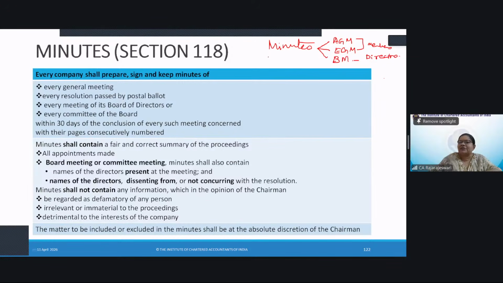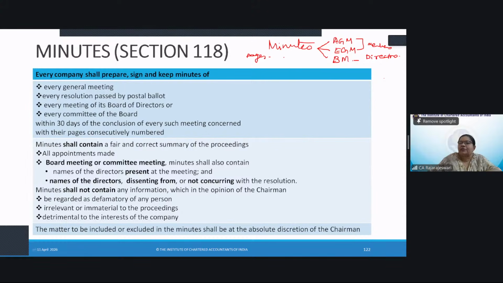Minutes is an evidence of what are all the transactions that were taken place, what are all the resolutions passed. So that is an evidence. So generally, minutes books are maintained for any company, small company or a private limited company, listed company. And the minutes book should be numbered from pages.